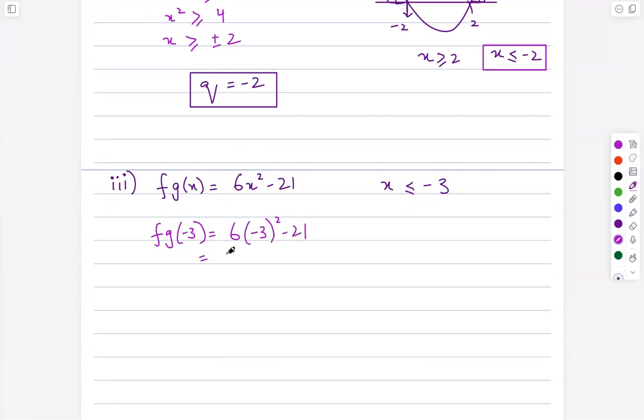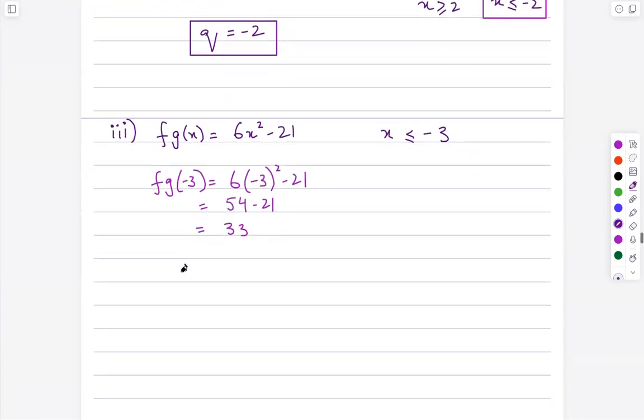So 6 times 9 is 54. 54 minus 21 is 33. Now, as x is less than minus 3, even if we take minus 4, minus 5, minus 6, all of these will become positive and this will keep on increasing, which means that for the range of the fg function, fg of x will be greater than or equal to 33.